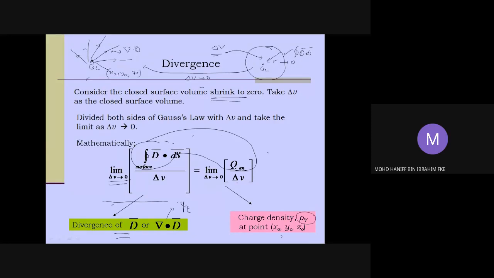So basically we have the equation of divergence of D equals rho V, which comes from Gauss law, D dot dS equals Q enclosed, obtained by letting the volume of your Gaussian surface approach 0. This equation of divergence is known as the first law of Maxwell.